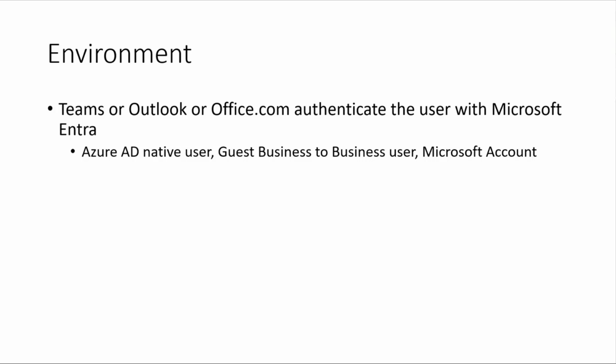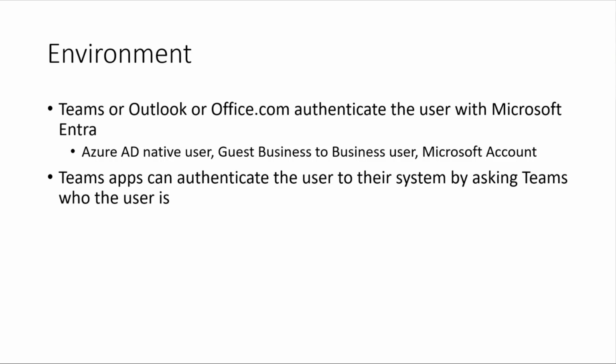It could be a guest user from our B2B, business to business scenario, where someone is a guest in that tenant. There's native federation now, as well as our reach out with Teams into personal accounts. I might have signed into that Teams instance with a Microsoft personal account, a consumer account like Outlook.com or Skype.com or Xbox.com, something like that.